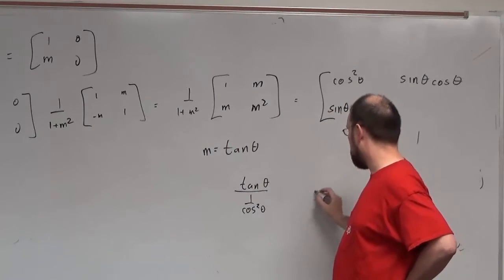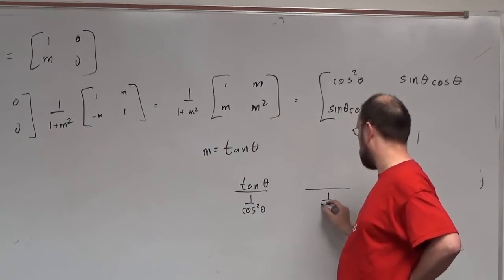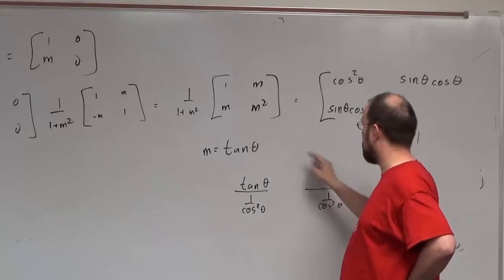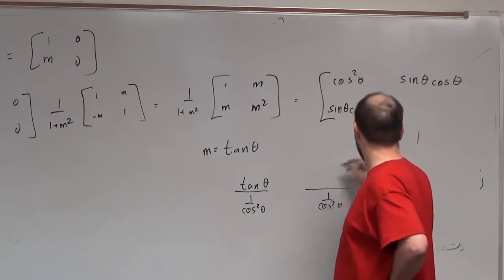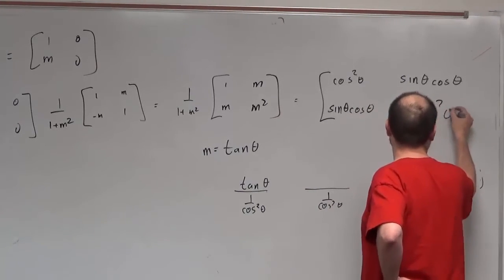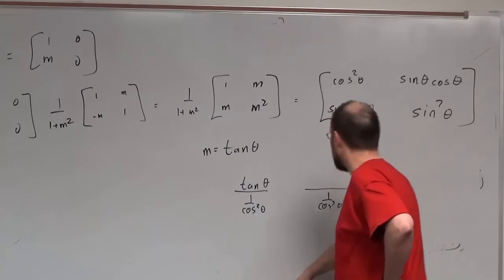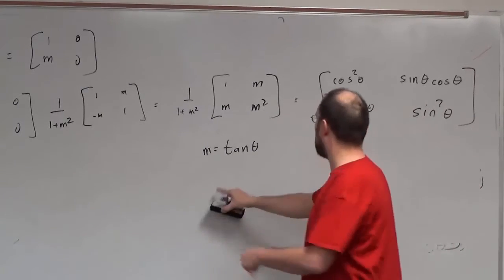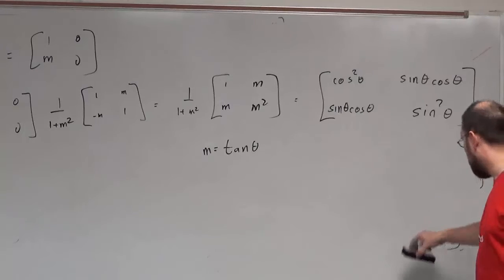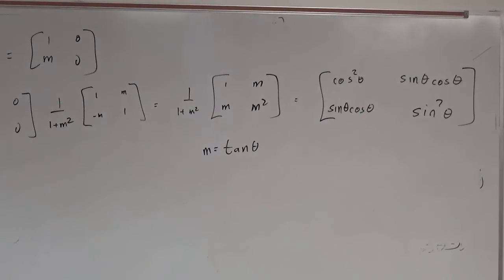And then we get secant squared in the denominator and m squared is tangent squared, so you get sine squared. That's right. That's after just plugging that in and reducing. So that's the projection onto the line through the origin where the angle between the line and the x-axis is theta.